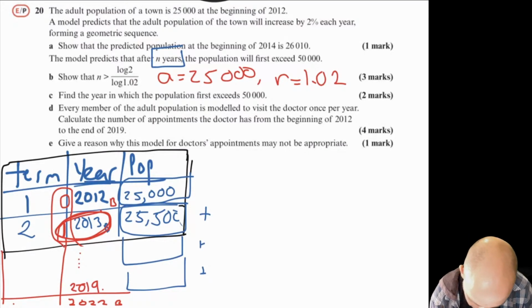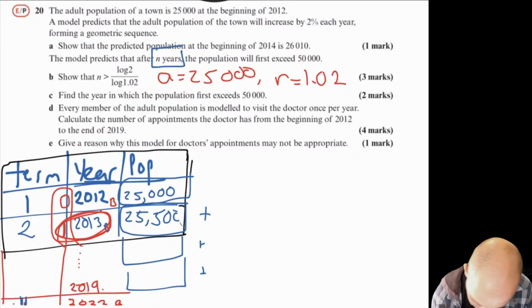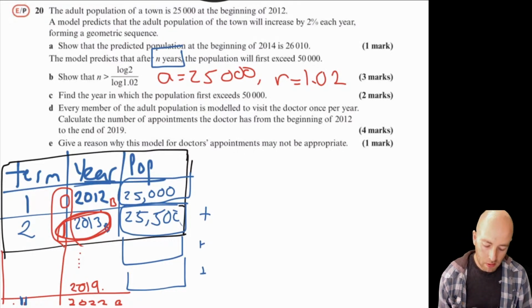I think it's going to be term 11. Let me just double check this through quickly. Always double check your workings in these because they can be quite confusing. Yeah, definitely term 11.